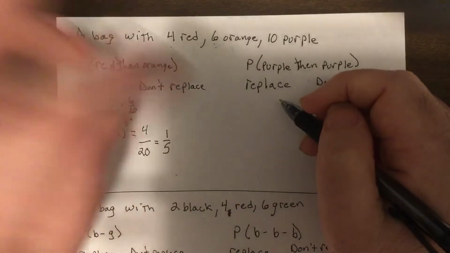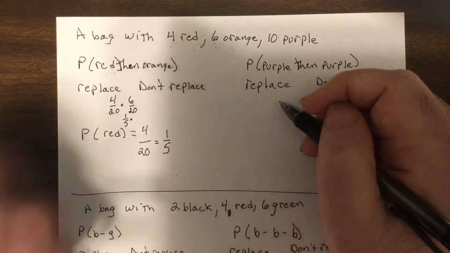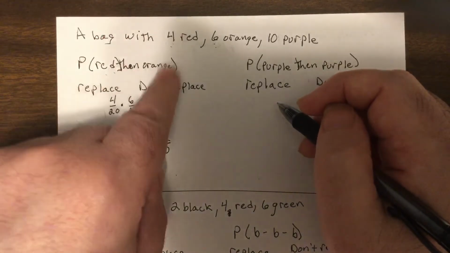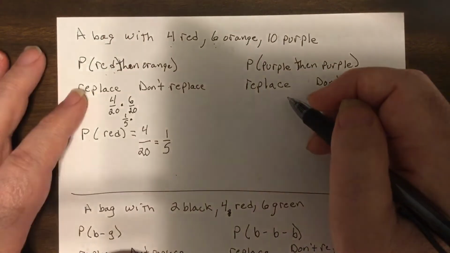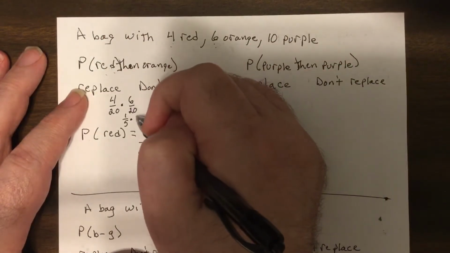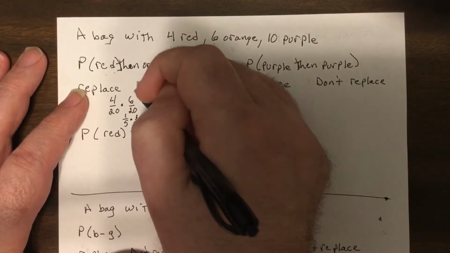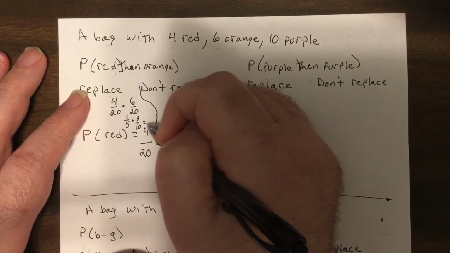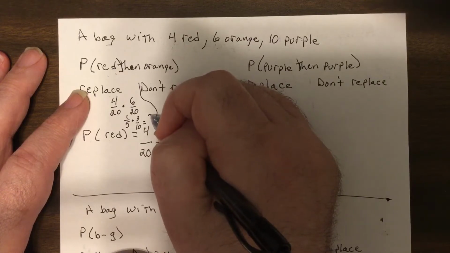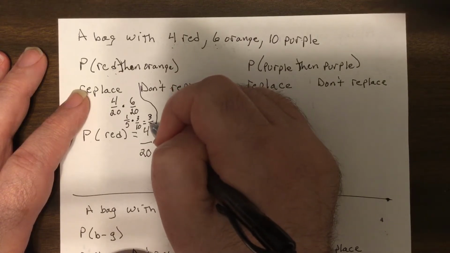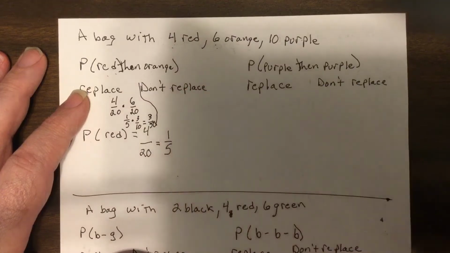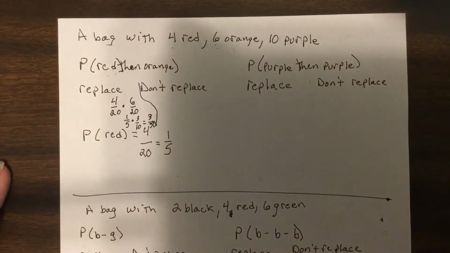So if I put the red marble back in after I pulled it, I'm back to the original setup. So 6 out of 20 would be 3/10. So that would be 3 out of 50. And that's my bad. Sorry, I'm writing small.